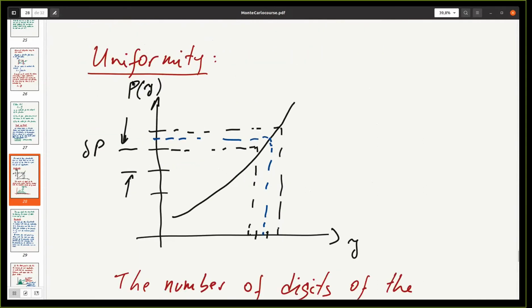Now, what is uniformity? Uniformity has to do with the resolution you have, or the smallest distance between the random numbers in your series, which is not small enough.